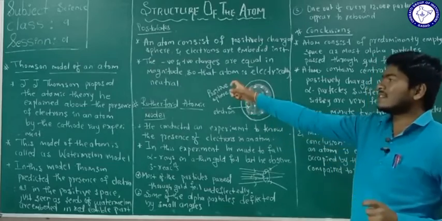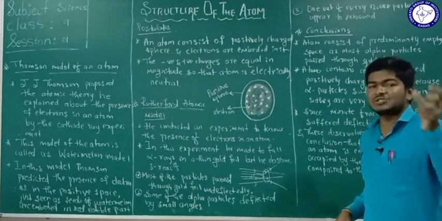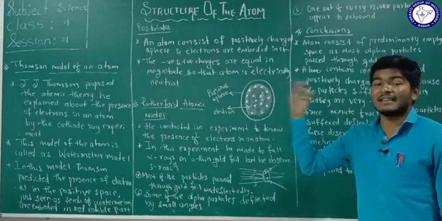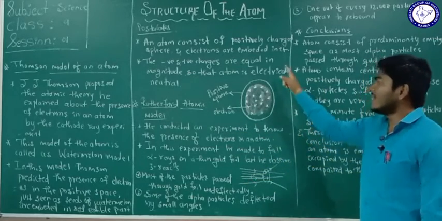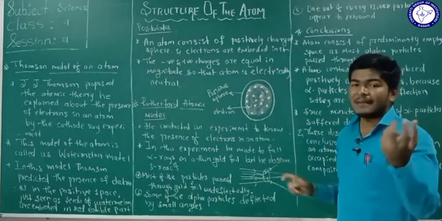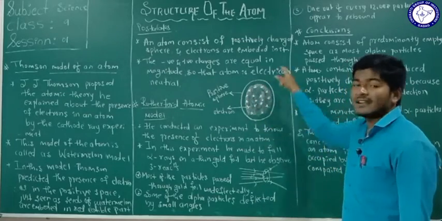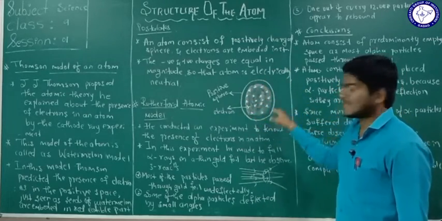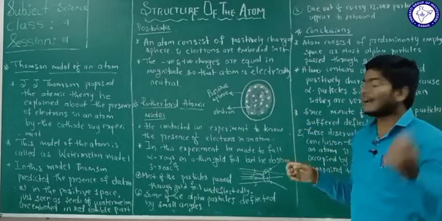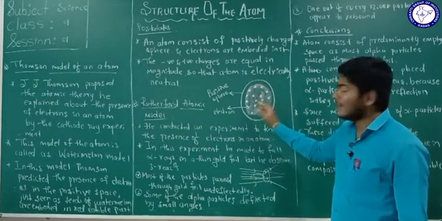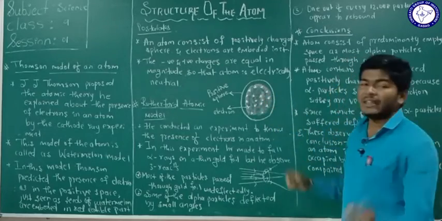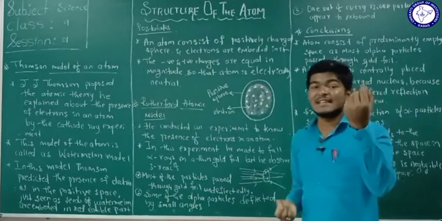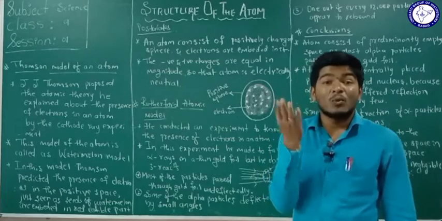He compared the atomic model with the cut part of the watermelon. J.J. Thomson explains the structure of the atom based on his experiment, the cathode ray experiment. He says that the atom consists of a positively charged sphere, and all the electrons are present inside it, just like the seeds are present inside the watermelon.